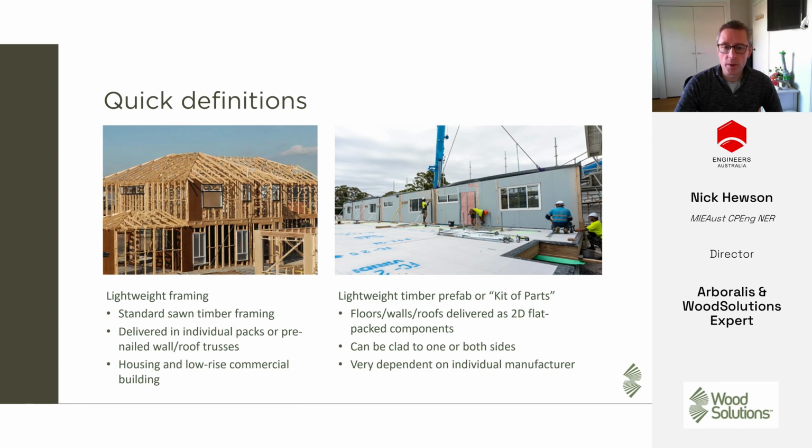And increasingly now we're seeing more people doing lightweight timber prefab or kit parts. So taking that timber frame and adding more elements to it, turning it into walls, pre-installing windows, cladding, and the like. This is where the industry is starting to move as we adopt modern methods of construction and more prefab.